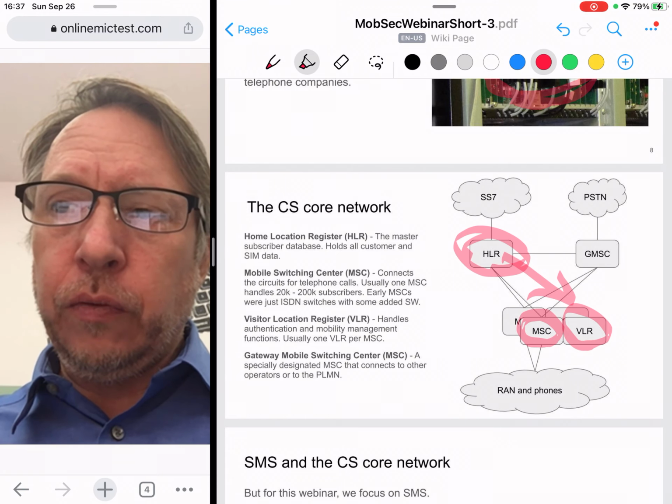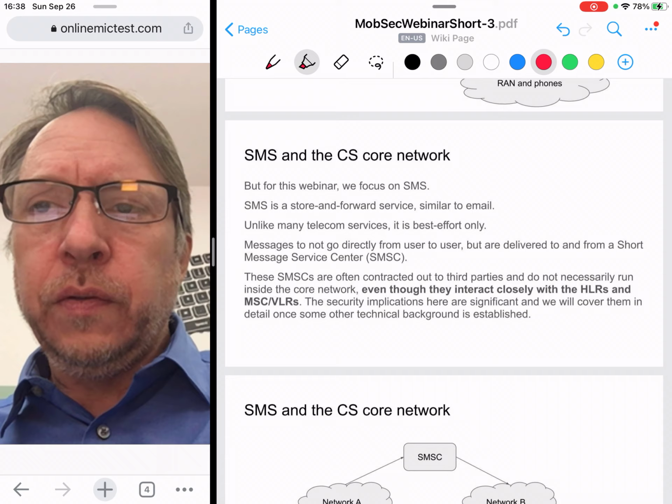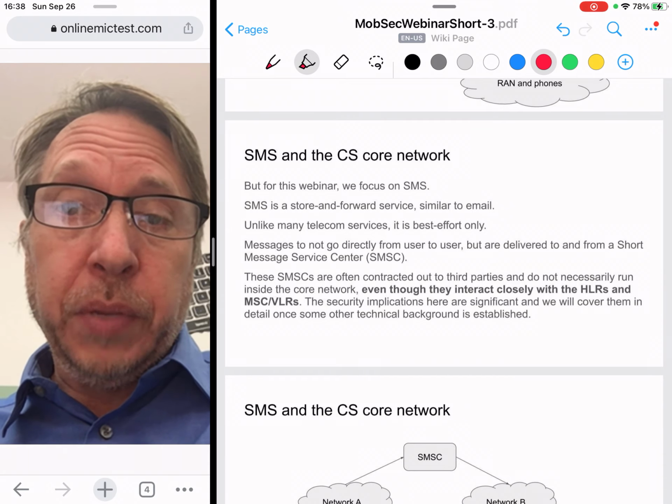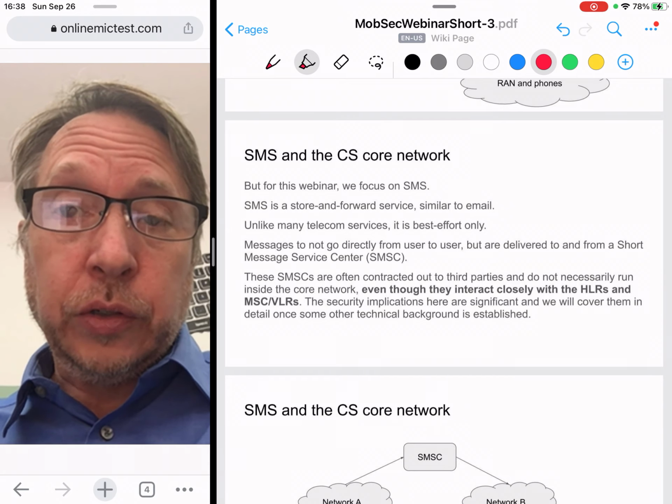Now we're going to talk a little bit about SMS. There are a lot of services in the core network, but for the purposes of this webinar, we're going to focus on SMS, just to keep it short. SMS is what we call a store and forward service. It's similar to email. Unlike most telecom services, it is only a best effort service. There's no guaranteed quality of service. And the messages don't go directly between users.